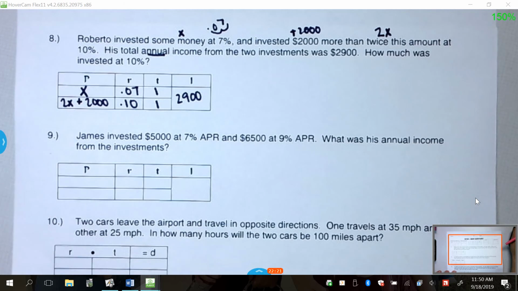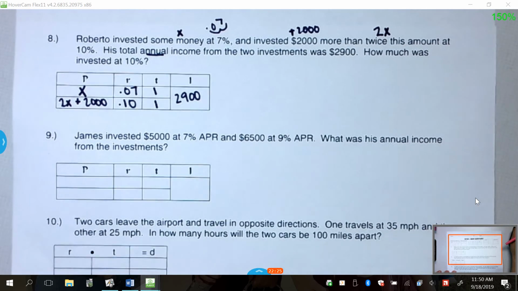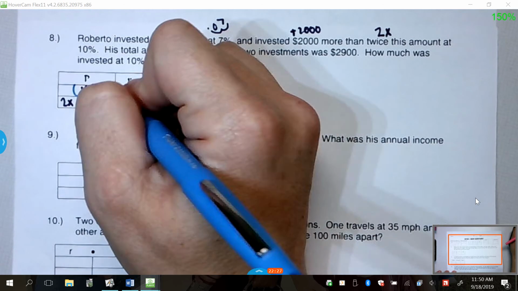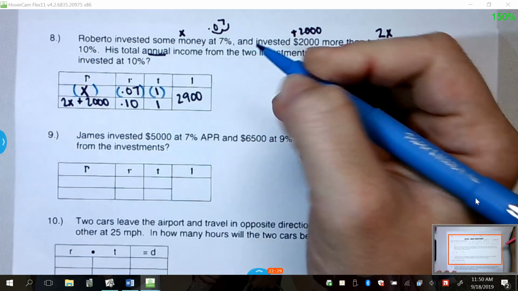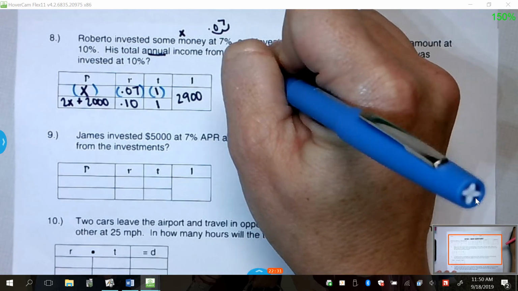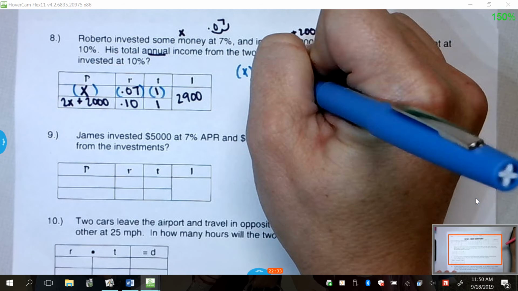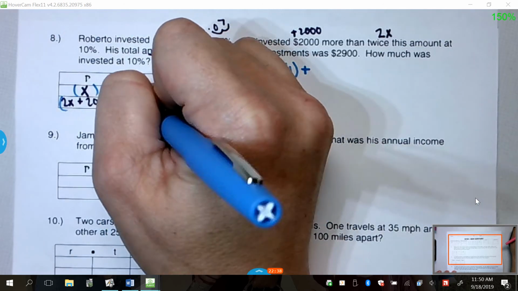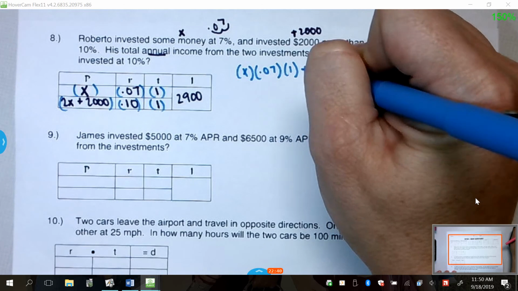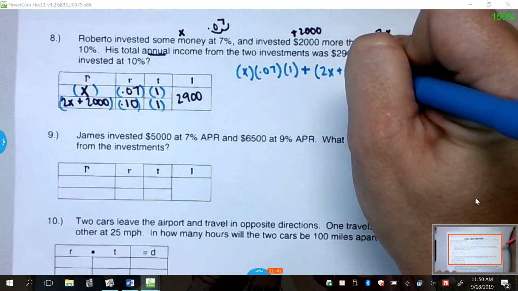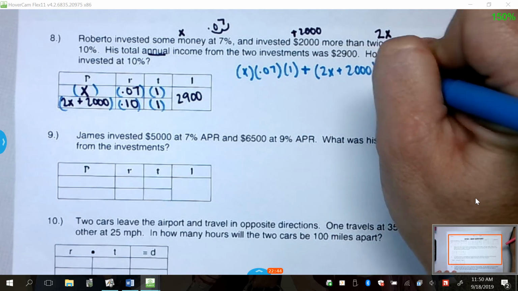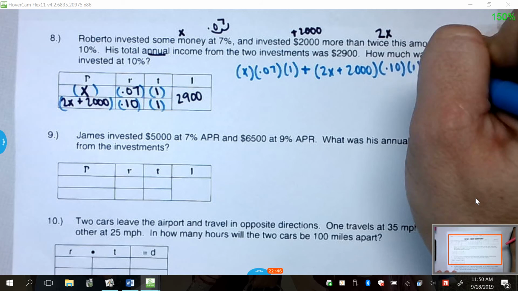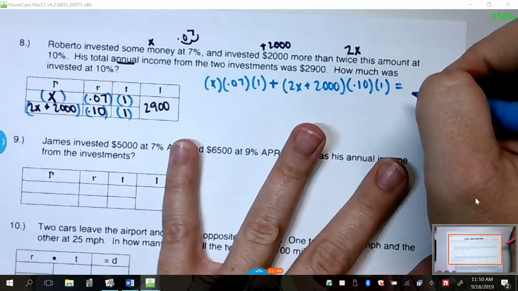So again, we multiply this times this times this, so we get x times 0.07 times 1 plus our bottom, and it equals our annual income.